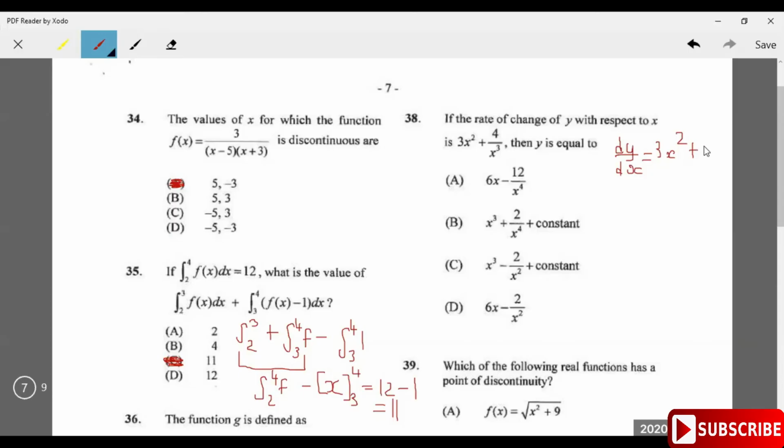But I'm going to write 4 over x cubed as 4x to the minus 3. And so y is equal to, add 1 to the power, divide by the power: 3x cubed divided by 3, plus, add 1 to the power, so I get 4x to the minus 2, divided by the power of minus 2.